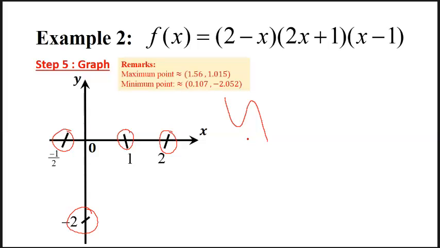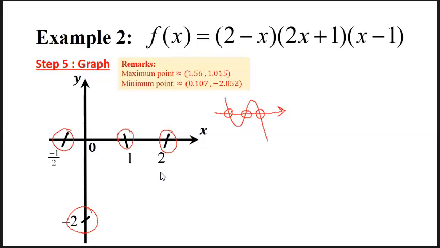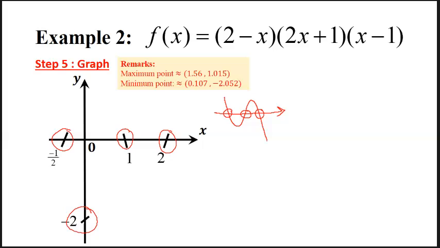And by right, from step 4, I noticed that I have 3 x-intercepts. So by right, this is what happens in my drawing. And as a result, there goes the graph that I should have.